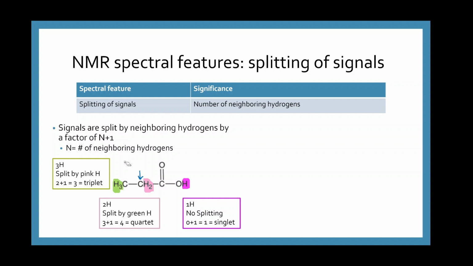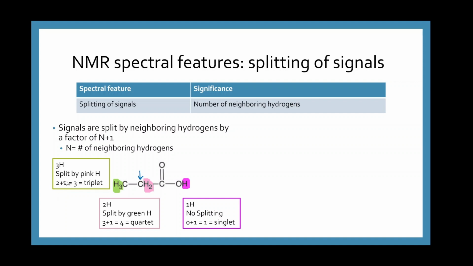There are 2 hydrogens bonded to that neighboring carbon. So the signal for the green hydrogens is split by the 2 neighboring hydrogens, the pink hydrogens. So the peak for the green hydrogens would show up as a triplet because we have 2 pink hydrogens, so that's n, and then +1 is 3.